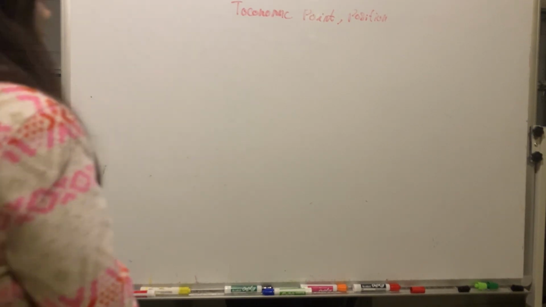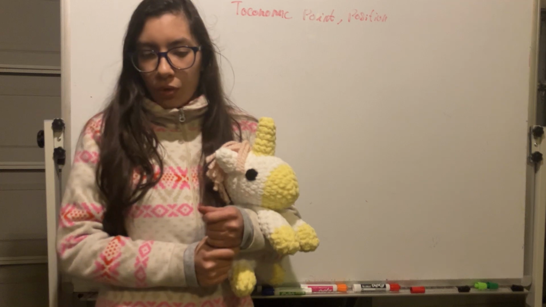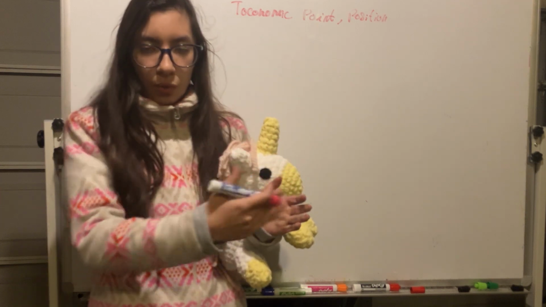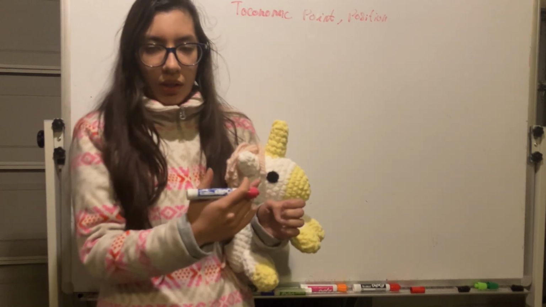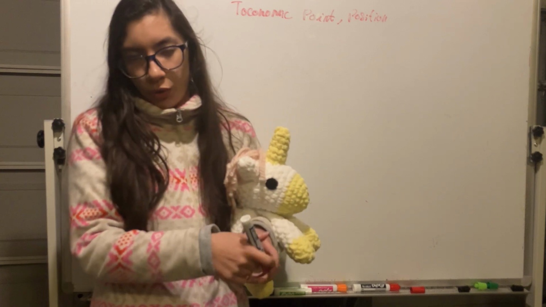Now let's see the tocogonic point definition, and based on that, what is called the position and the variety of position.